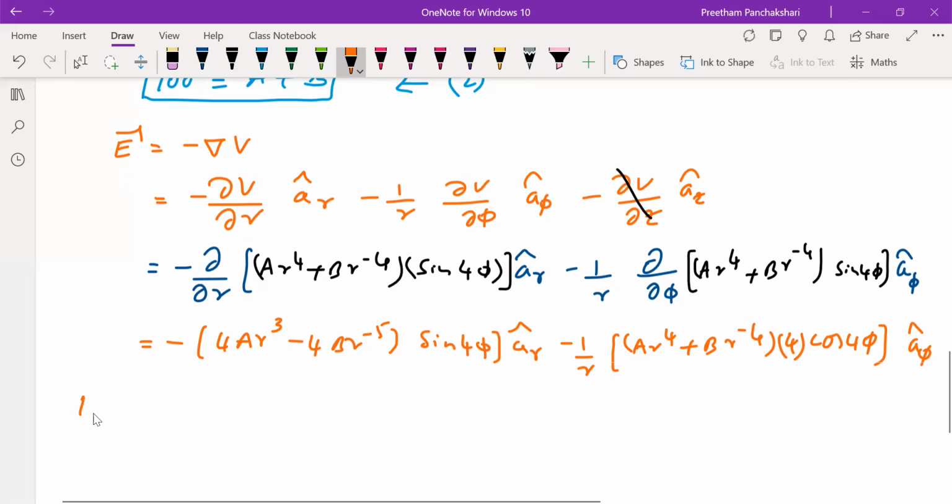So E becomes simplified. The first part, everything is in proper form. No change is required.